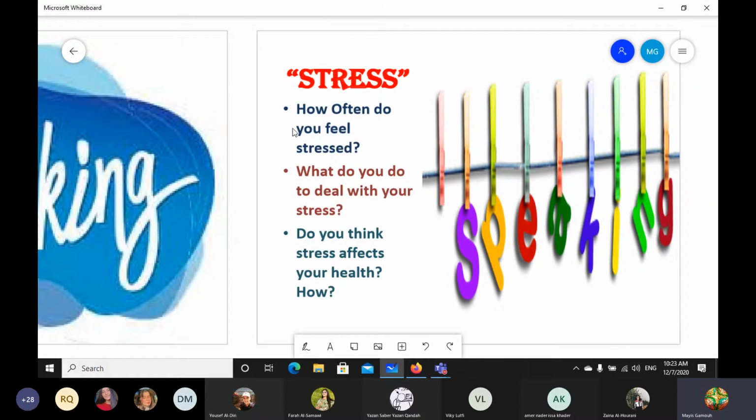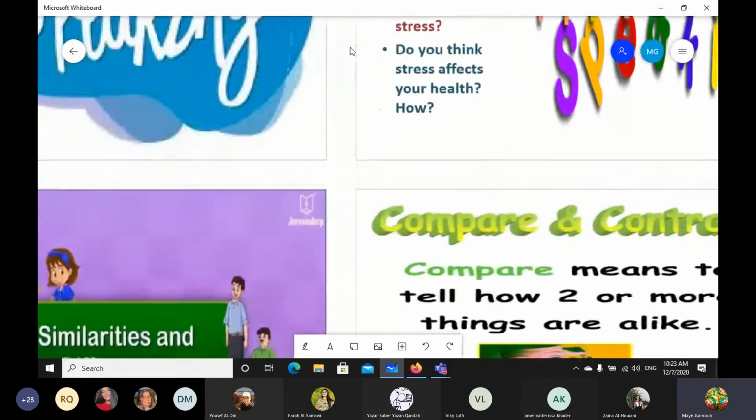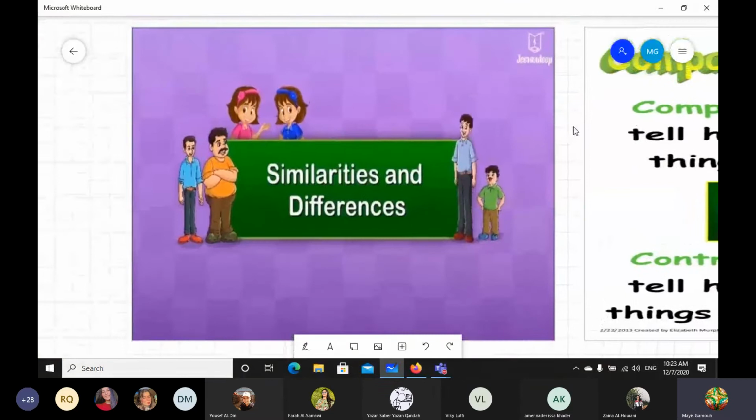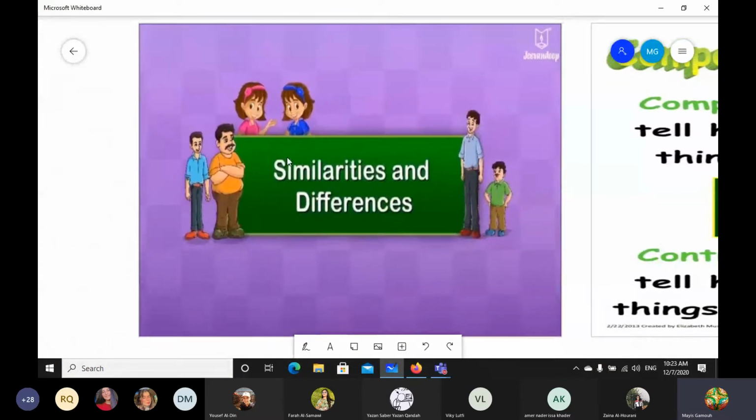We have 3 questions regarding the topic stress. The first one, how often do you feel stressed? What do you do to deal with your stress? And do you think, in your opinion, stress affects your health? And how? But now we are going to talk about the topic similarities and differences.